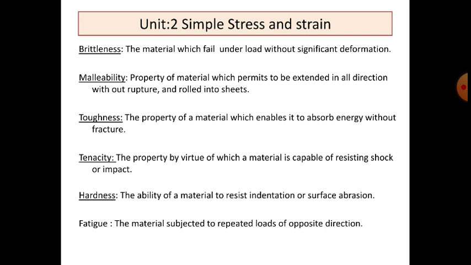When we call the object tough, it is when we apply impact loads or shock forces, or constantly apply cyclic loading over it, and such a material is called a tough material. That is a property of the metal.